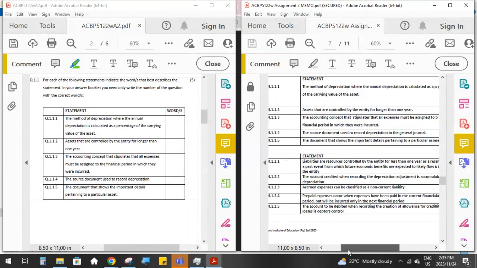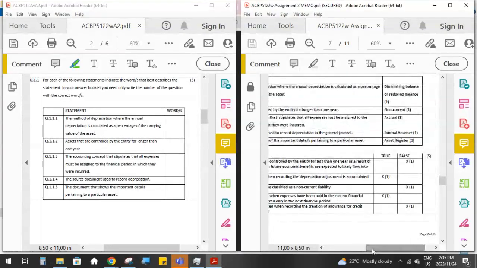So the first one, let me go across here where you can see on the right-hand side the answers. The first one, the method of depreciation, where the annual depreciation is calculated as a percentage of the carrying value of the asset. So remember, the 2 methods you guys have done is we can calculate it as a percentage of the carrying value or as a percentage of the cost of the asset. So when we calculate depreciation as a percentage of the cost of the asset, what's that?